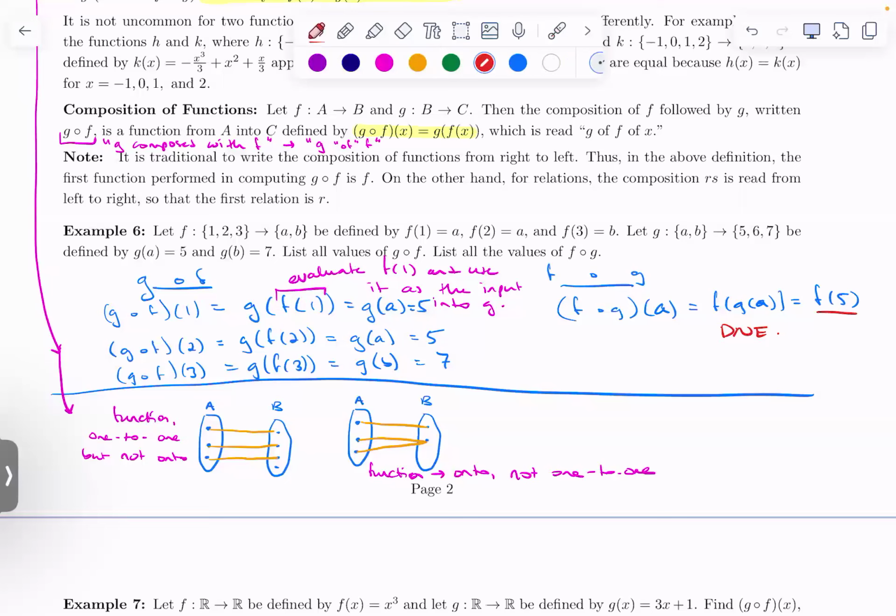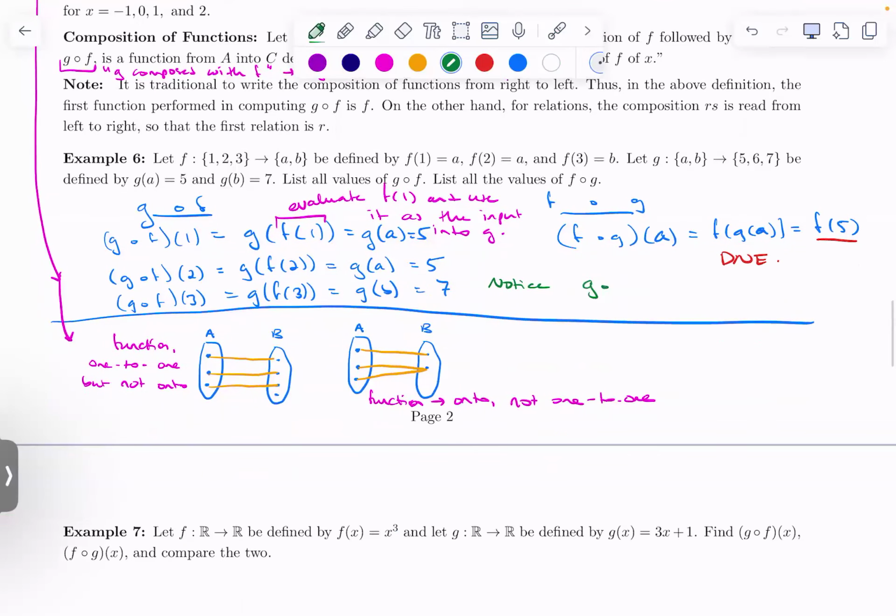And so notice, g composed with f of x is not the same as f composed with g of x, or some version of that. Good.